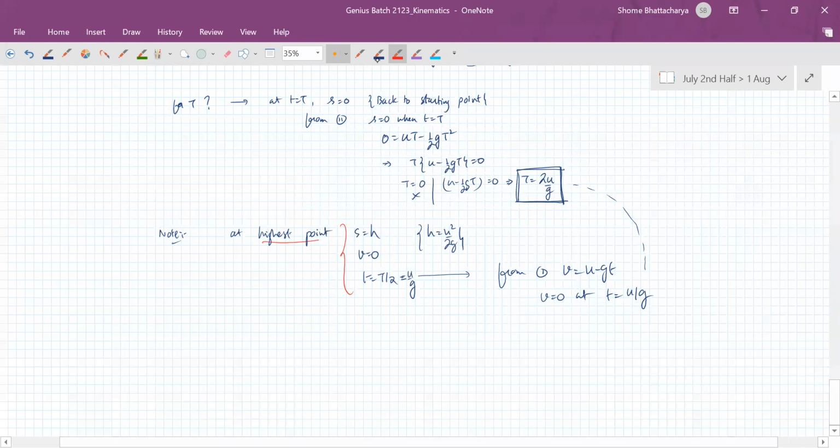The other thing is that the upward journey and downward journey are symmetrical. Now this point that I'm writing here, that they are symmetrical, we will support this with equations and some logic also.